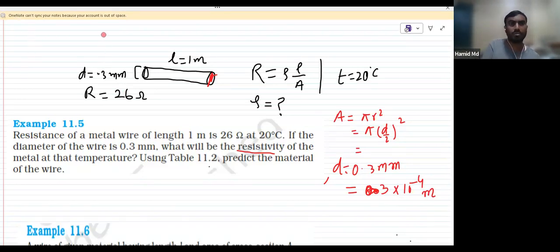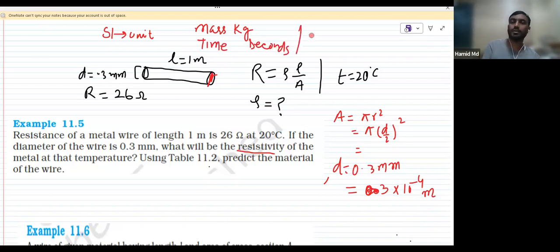Why are we changing into the meter? In SI units, we write mass in kilogram, time in seconds, and length in meter. This was in millimeters, so we converted it into meter, 10 to the power minus 4.